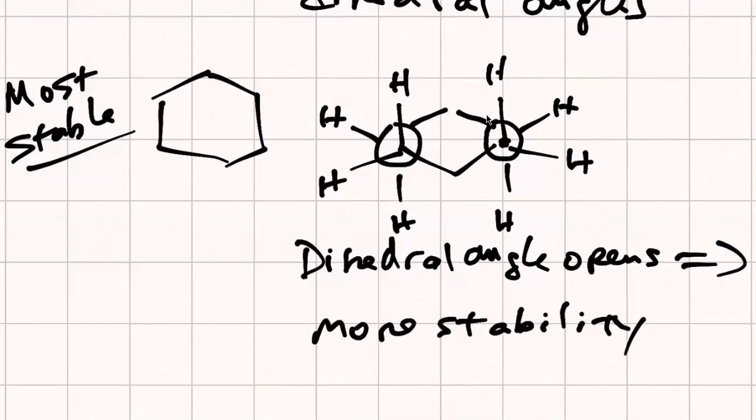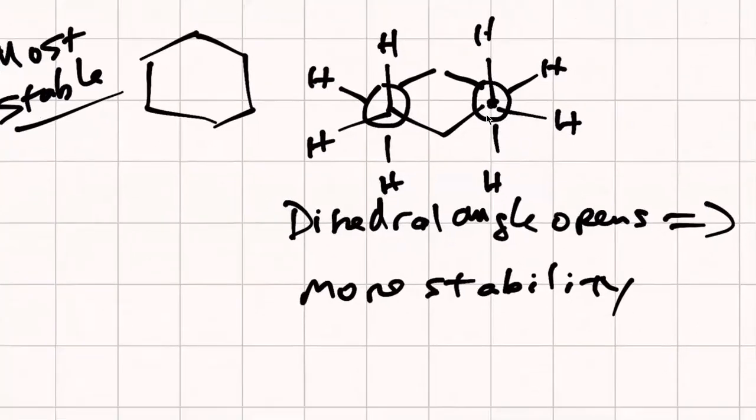All right. So when you think about the 6-membered ring and you think about the depiction of it, you normally don't see it depicted as a Newman projection. You see it depicted as a chair.